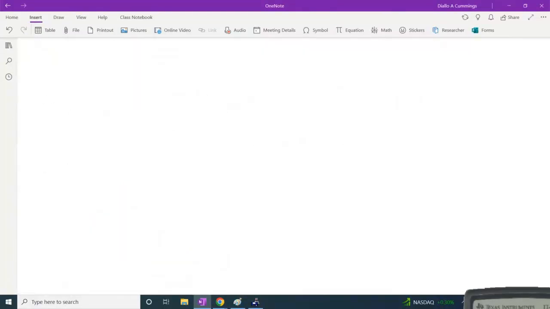So for the surface area, we're finding the amount of surface that a 3-dimensional object has. The 3-dimensional objects that we're going to look at, one is called a prism. So a prism is going to look something like this.